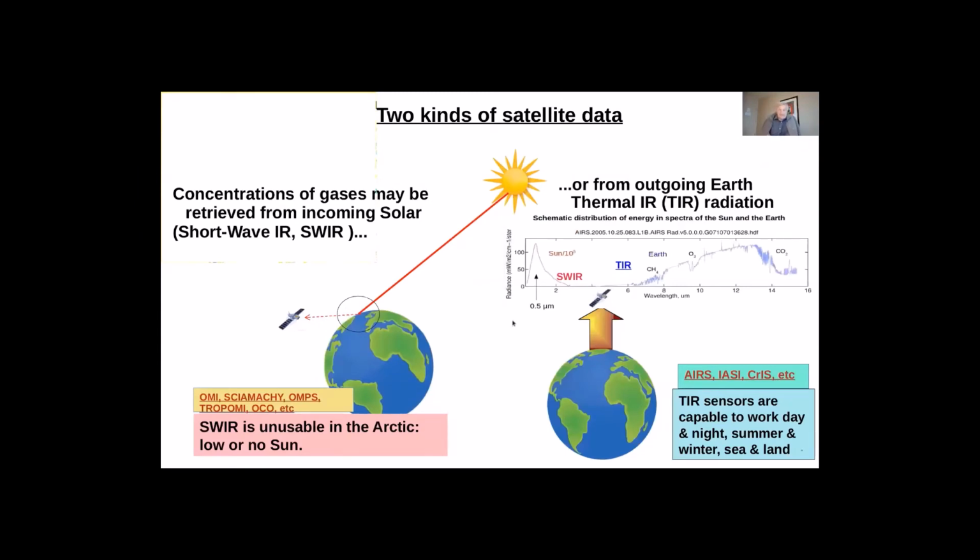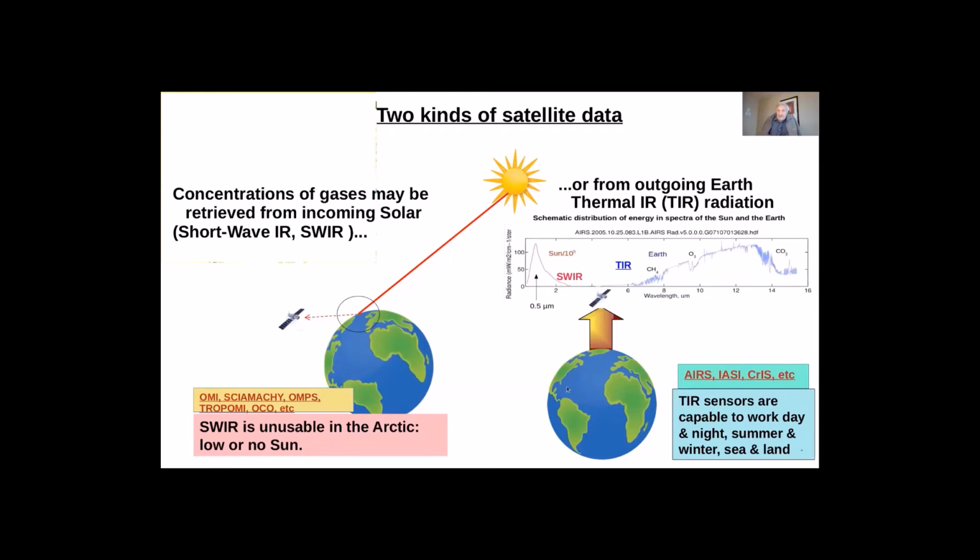Two kinds of satellite data. These two kinds differ by the radiation used. For short wave infrared, near one micron, solar radiation reflected by the surface is used for measurements of gases, including methane. But this mode is not quite convenient for the Arctic because of low angles and low reflectivity.